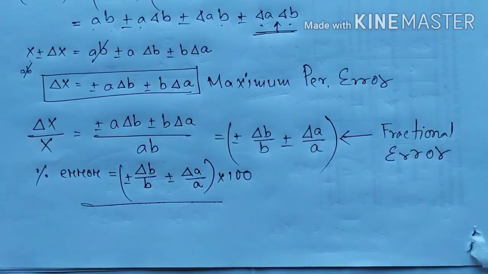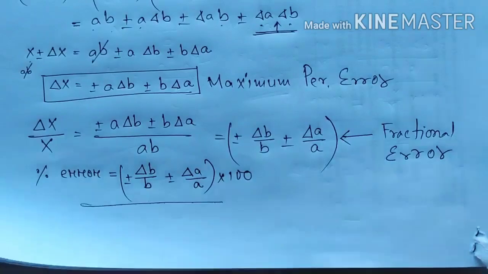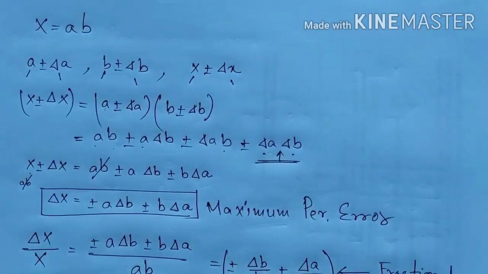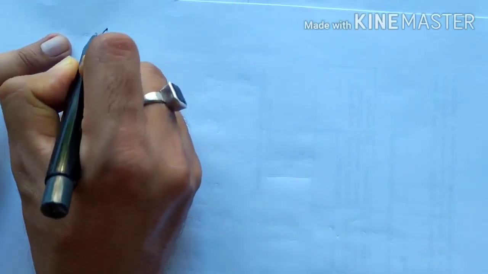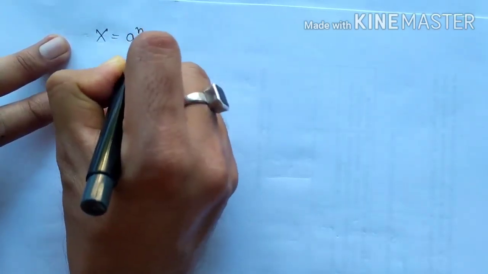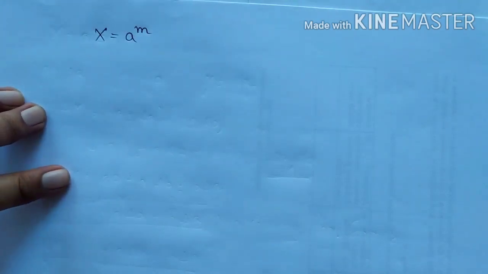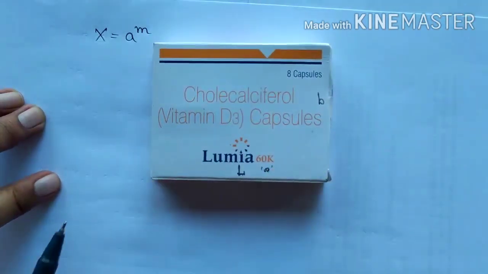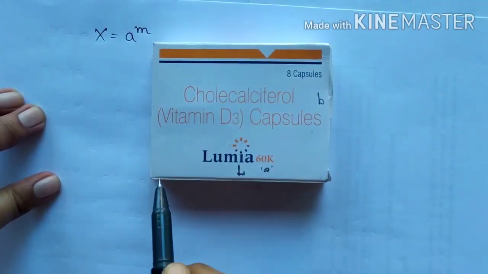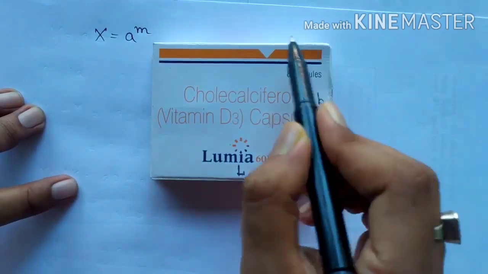Now let us see if x is represented by the form x equal to a to the power m. Now suppose you consider that this is a square.